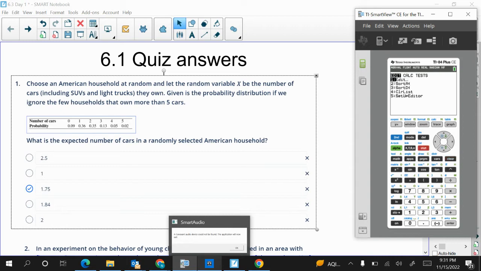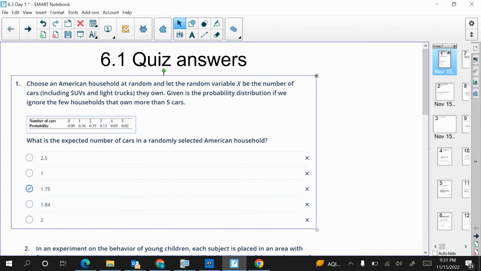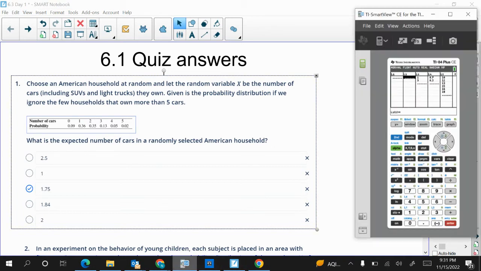So, I'm just going to go right into my stat and edit my lists. So, we're going to get 0.